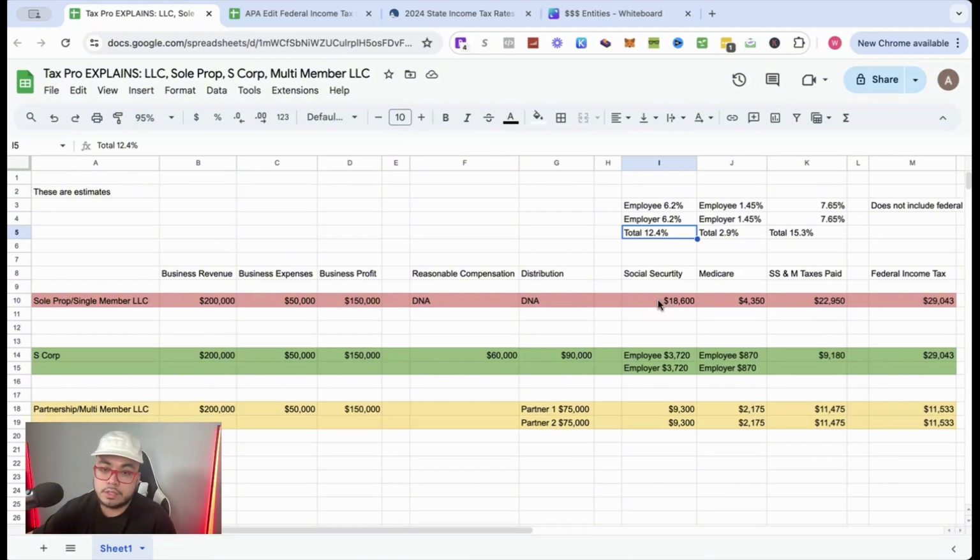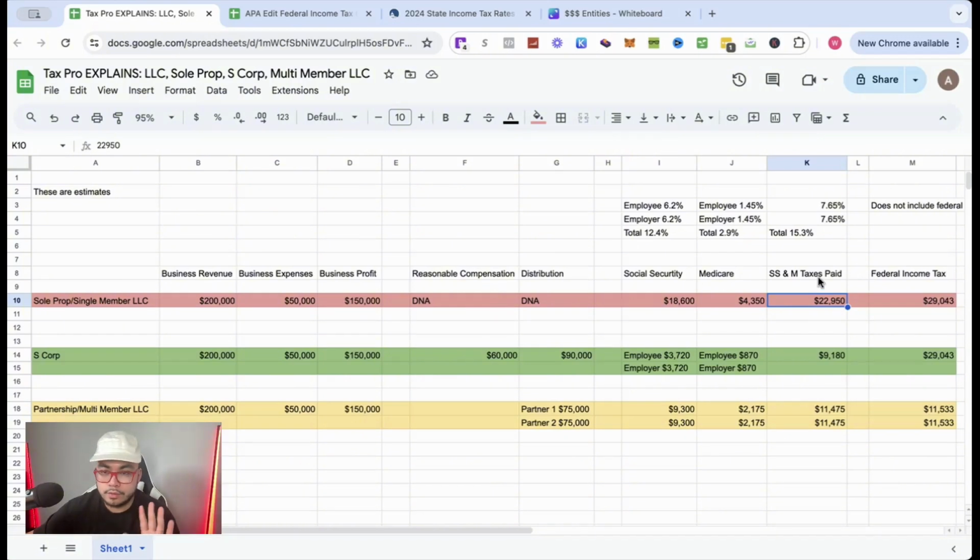So off of Social Security alone, that's what you're going to have to pay. And then if you take 150,000 times 2.9, that's what you come out to as far as Medicare. And then if you add these together, Social Security and Medicare taxes, you're going to be paying roughly $22,950, about $23,000 off of just 150,000 business profit.